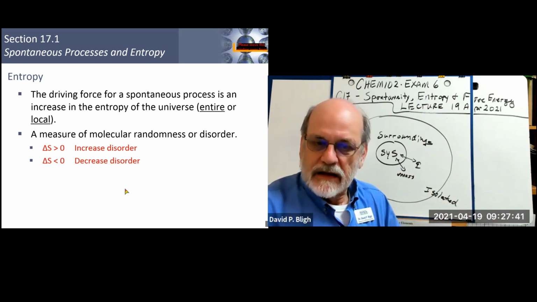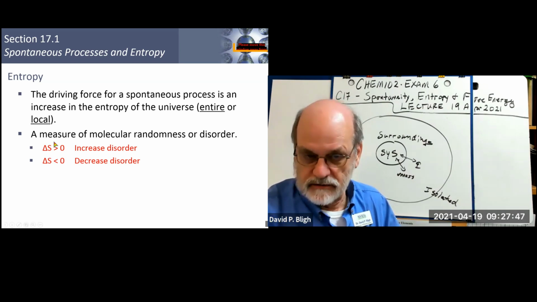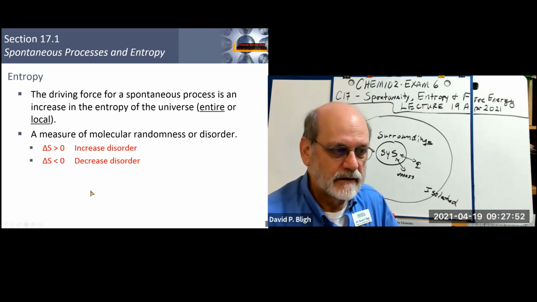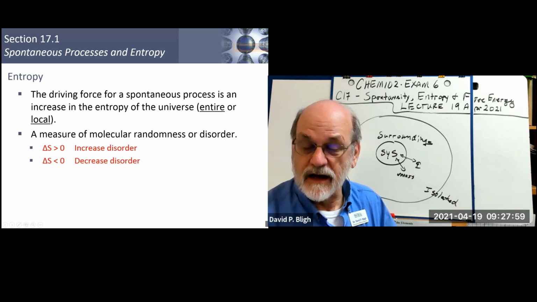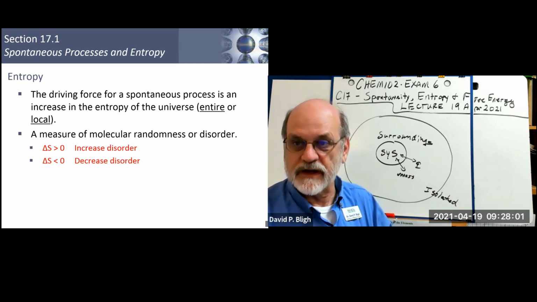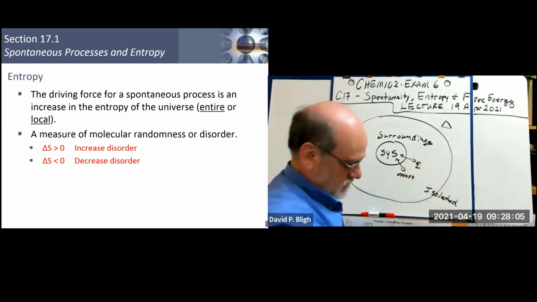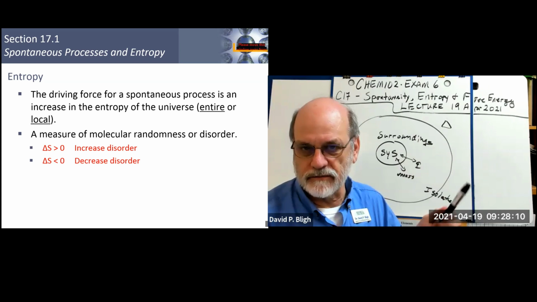Okay, so this measure of disorder is expressed as a change, right? It's like heat. You don't have really a way to express heat unless you get movement, which means delta, a change. You have to have a change to measure. Absolute values are almost impossible to obtain.